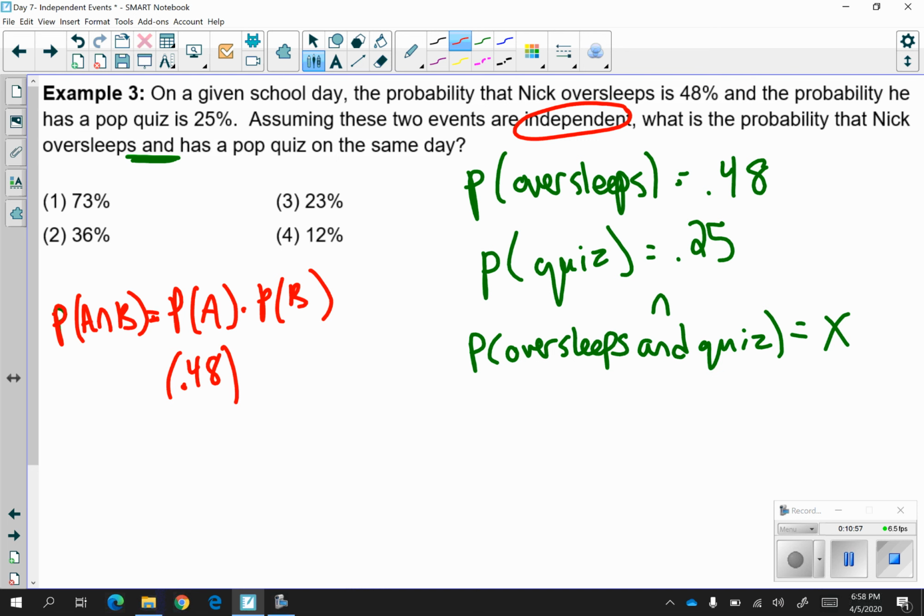The probability of B is 0.25. Remember, if you did 0.25 times 0.48, it makes no difference because multiplication is commutative. And we have no idea what A and B is, so I'm going to put X. When you multiply these two together, you should be getting that X is equal to 0.12, which converts to 12%.